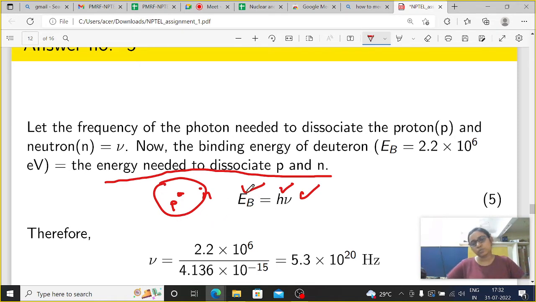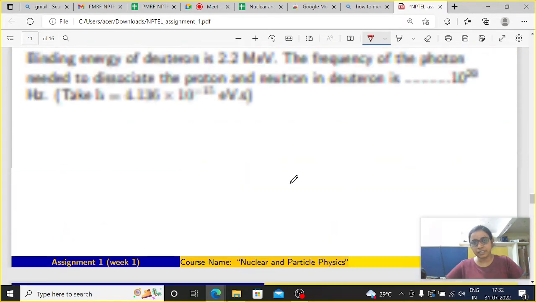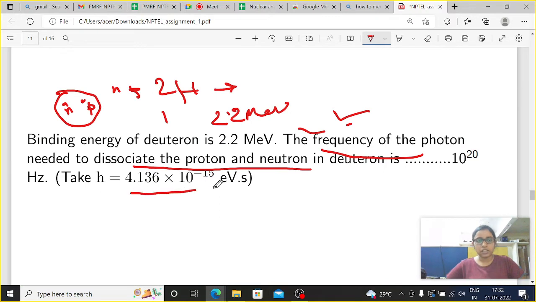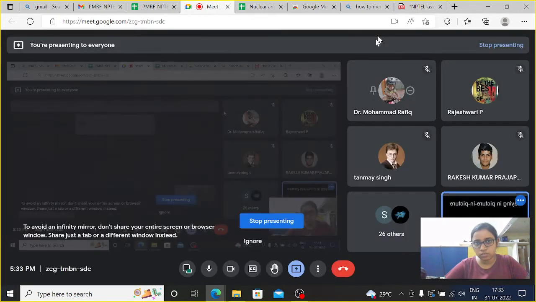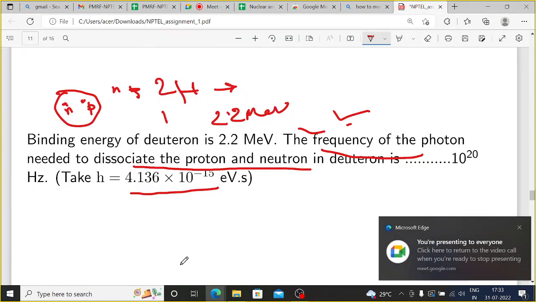So just putting the value of E in equation number 5, and the h is given in the equation, this one is the h value, 4.136 into 10 to the power minus 15 electron volt second.